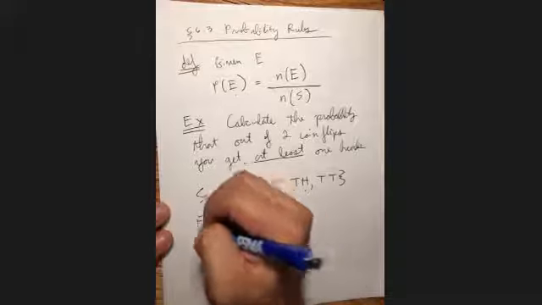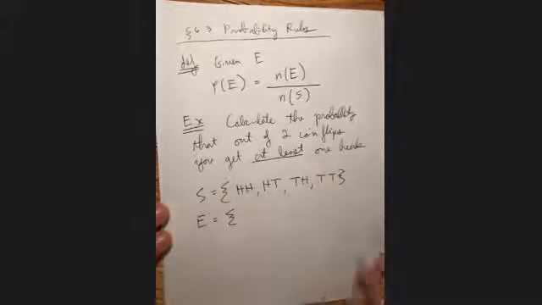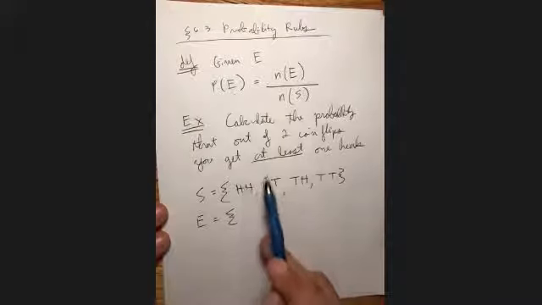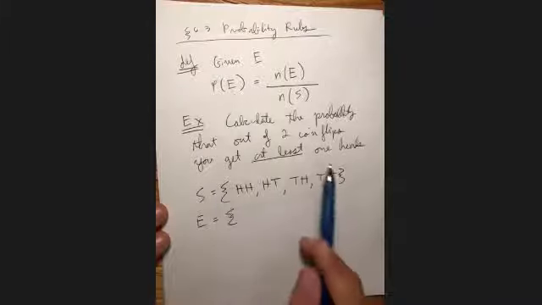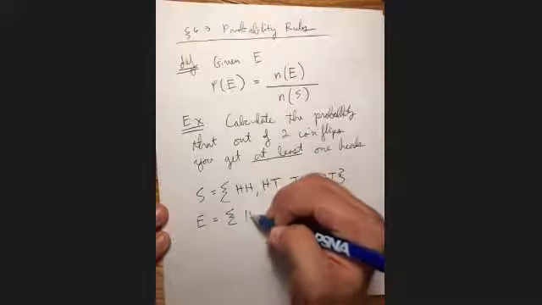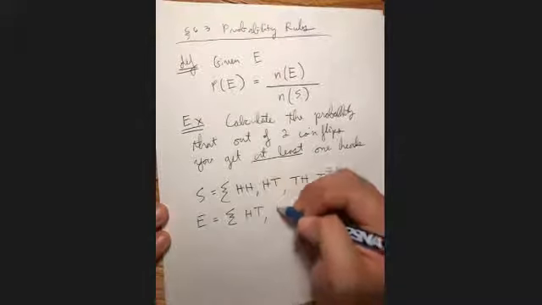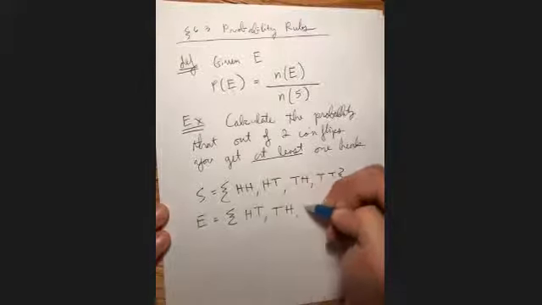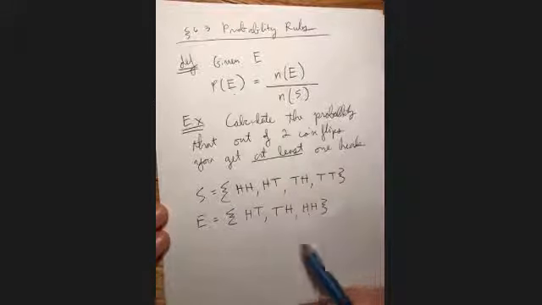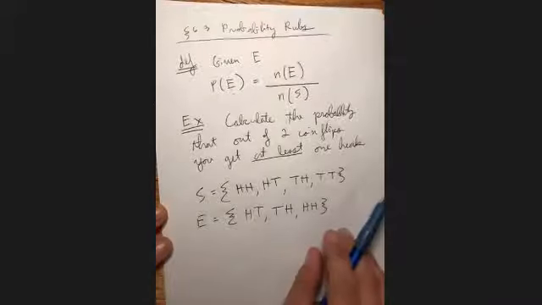Now the event E as a subspace consists of all those outcomes within the sample space that have at least 1 heads. So that includes heads, tails, tails, heads, and heads, heads. So having more than 1 heads means that you qualify for having at least 1 heads.